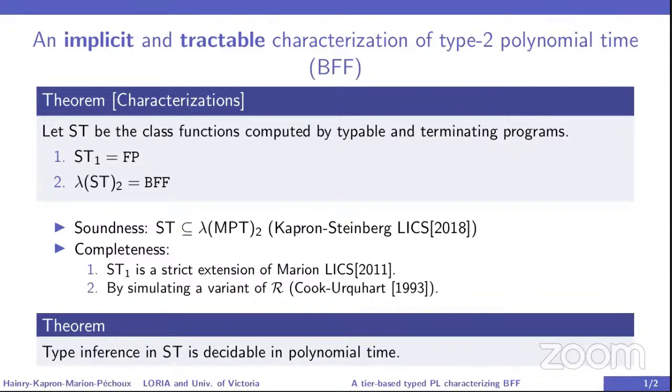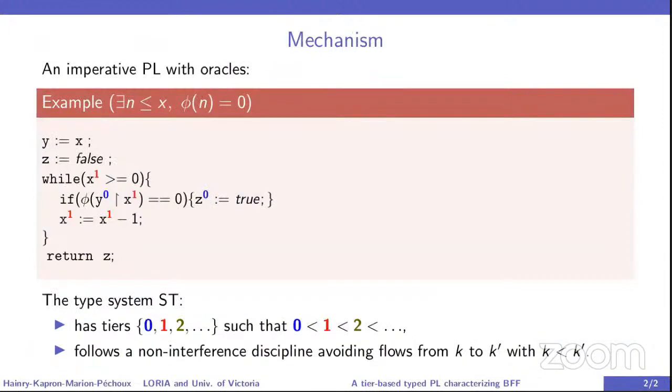other constraints. The mechanism through which we work is that we've defined a programming language that uses oracles. So the oracles are the type 1 inputs for our language. It's an imperative language with whiles, you can make a query on the oracle, and you can do assignation, everything.